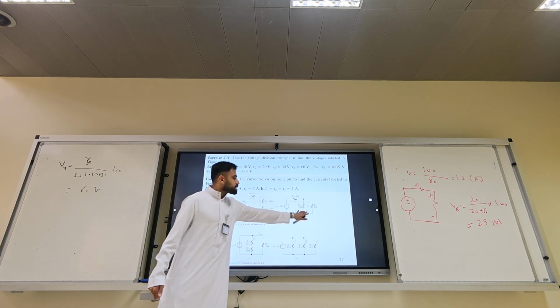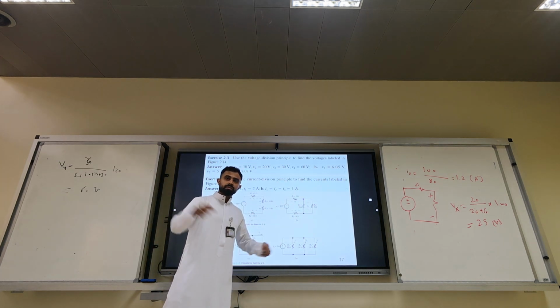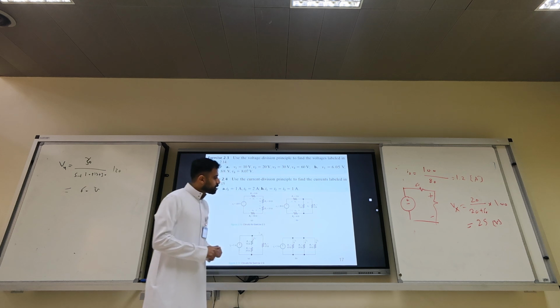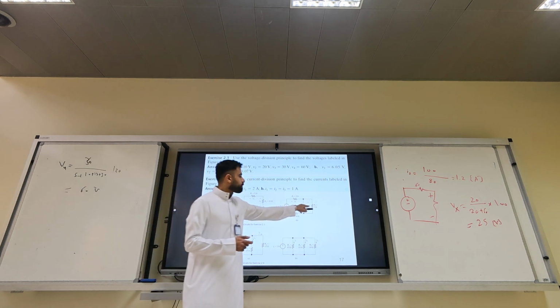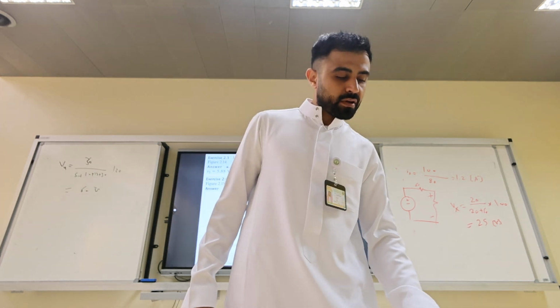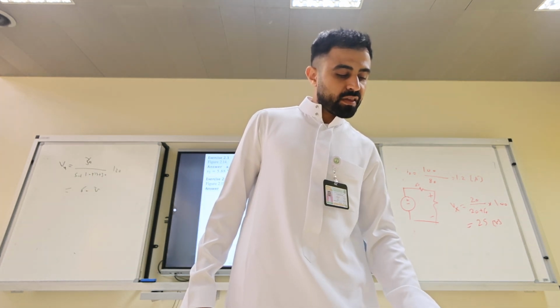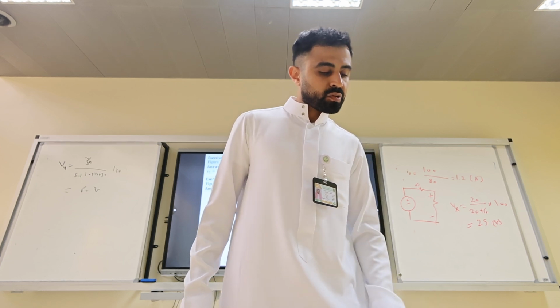Now what's the trick in this problem? He's asking you to do VDR, keyword is series. So what's the trick? Combine what? R2 and R3, 5 and 7 in parallel. What's the value? 1 over 5 plus 1 over 7, and then you click x^-1, right? The answer, you make it x^-1. 2.9.